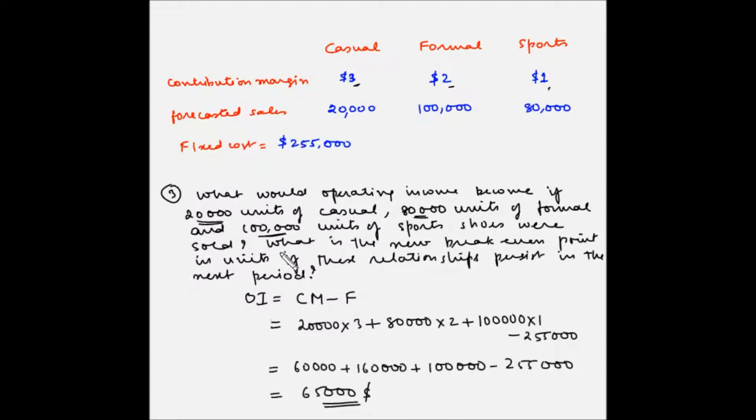Now the second part is to find out the new break-even point in units if these relationships persist in the next period. So what is meant by these relationships persist? So basically what they're saying is that if the sales mix is going to be 20,000 is to 80,000 is to 100,000, then find out the new break-even point.